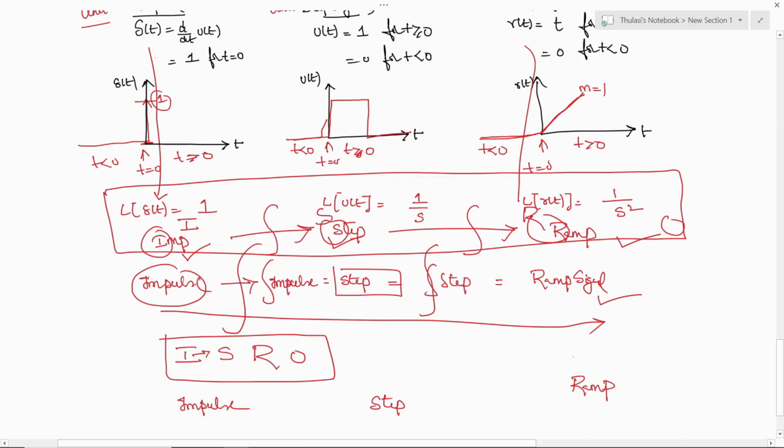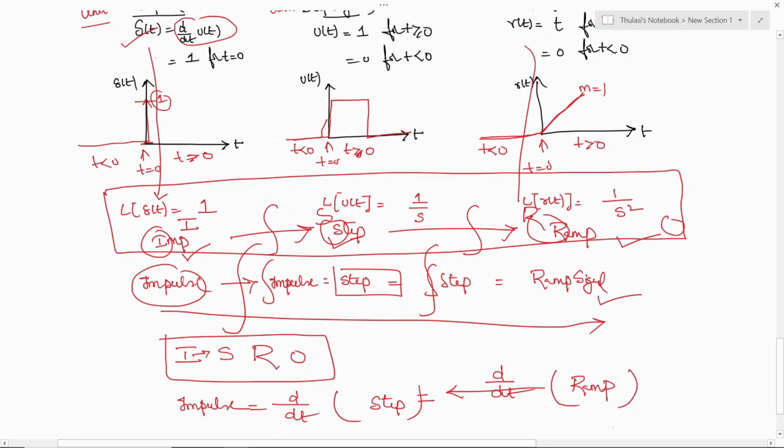Okay, so here if you differentiate the ramp signal, then you are going to get the step signal. Differentiation of the step signal, you are going to get the impulse signal. Okay, that's what I had written. Differential of step is nothing but which signal? Impulse signal.